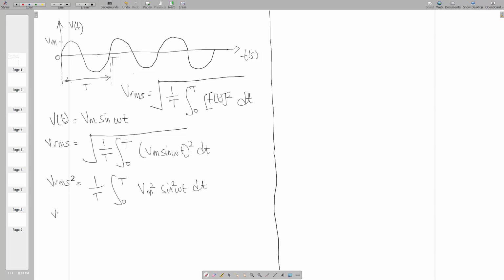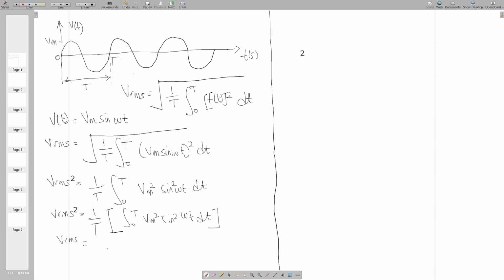So then we can say that our VRMS will be equal to 1 over T integrating from 0 to T Vm squared sine squared omega t, which should all be in the bracket because that is the area of the cycle.